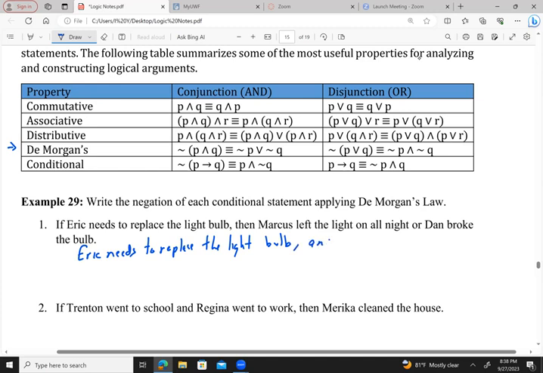And we go with the and. Then we're gonna negate. Marcus did not leave the light on. And Dan did not break the light bulb.